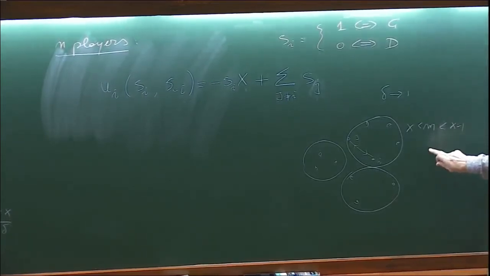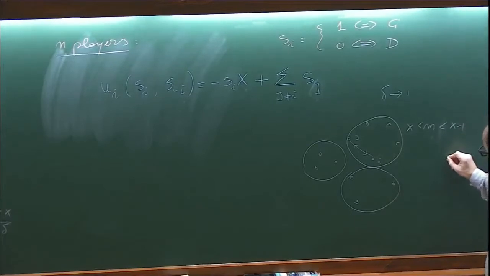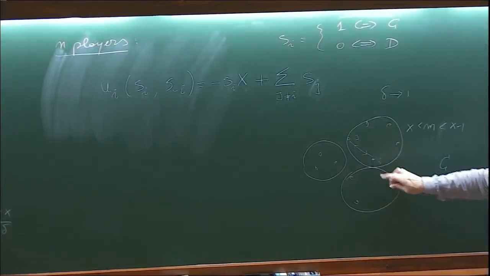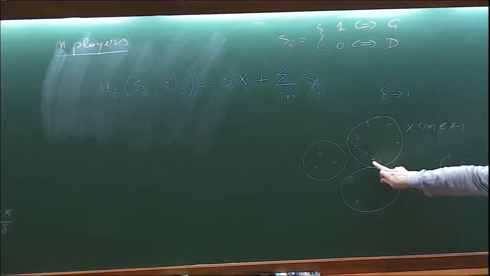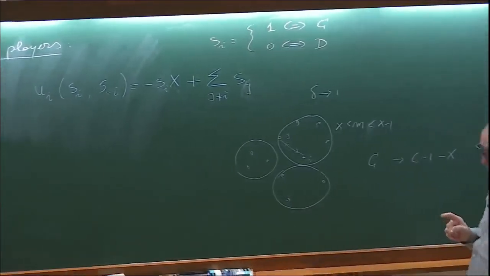Because essentially, imagine that there are C cooperators in the society, and Mr. I is cooperating, then his payoff is essentially C minus 1 minus X, okay?